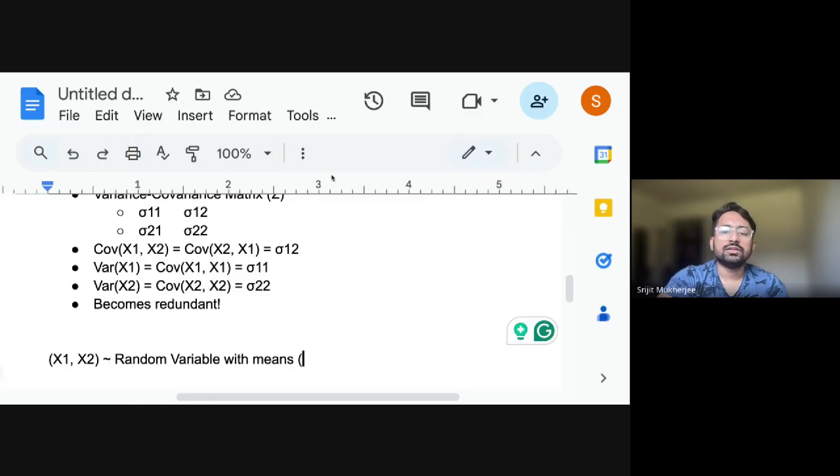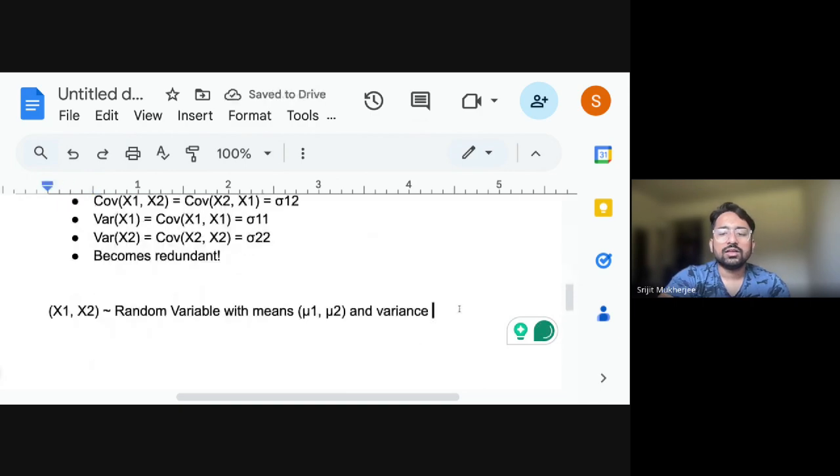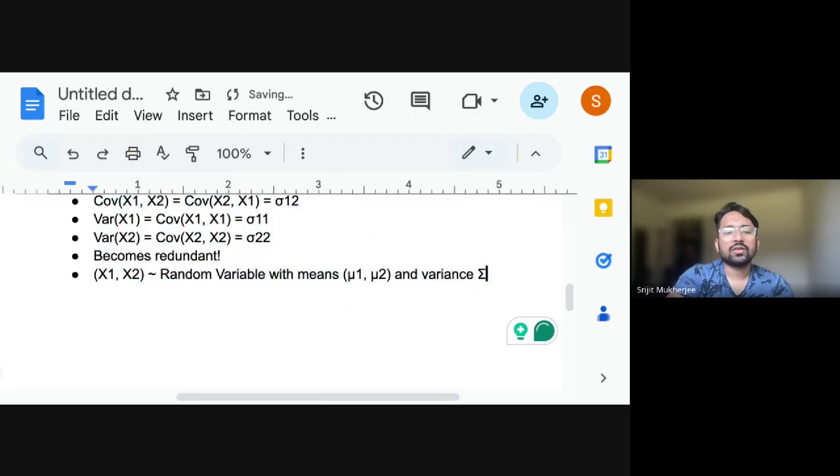Mean we say mu1 comma mu2, and variance we say sigma. And in general, x1, x2, dot, dot, xn, we said together they are random variables.